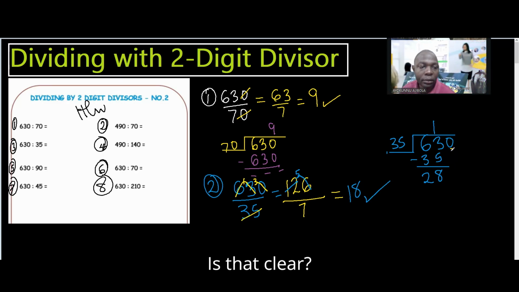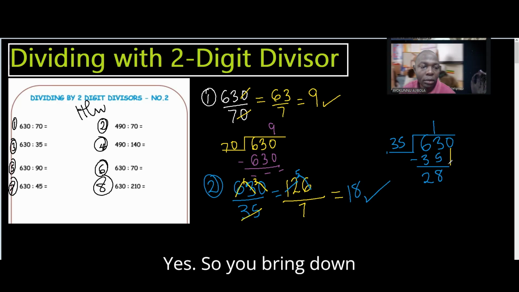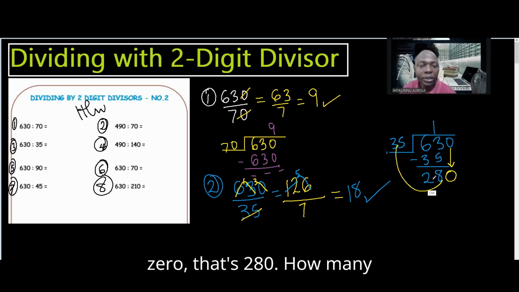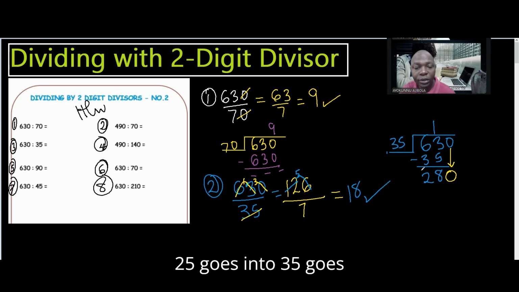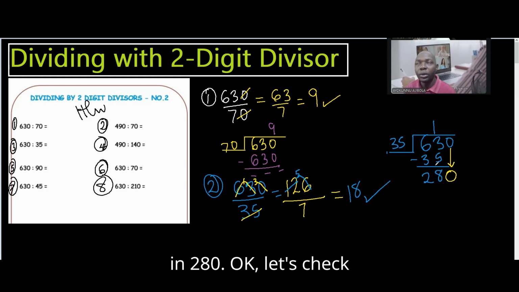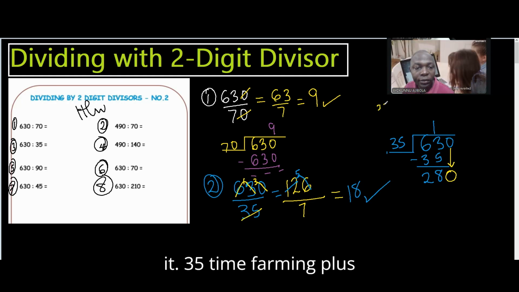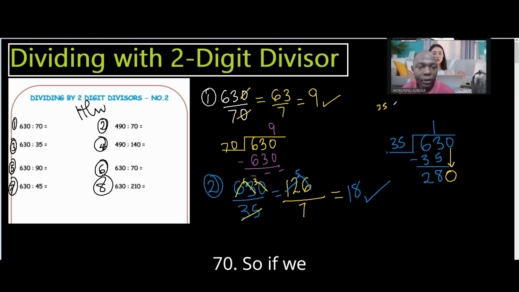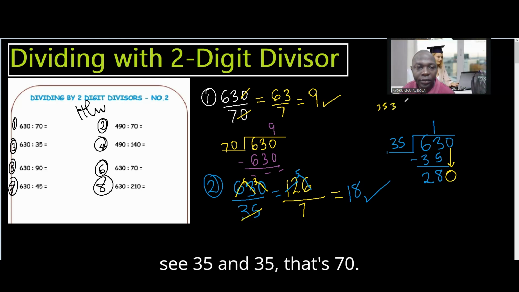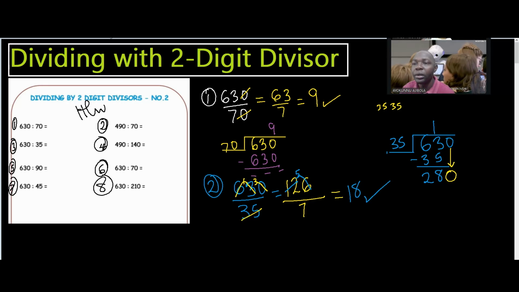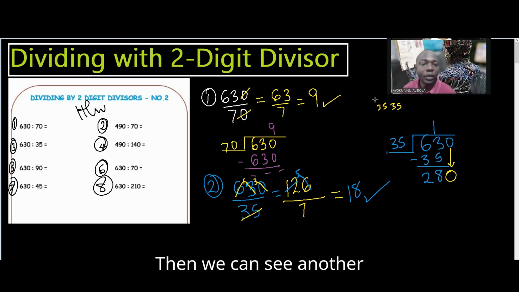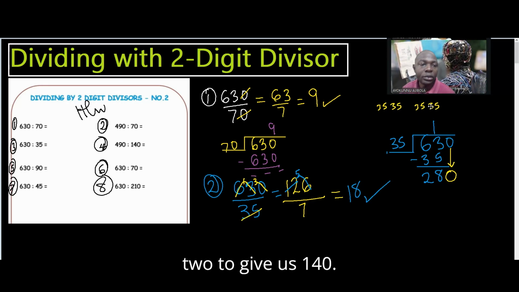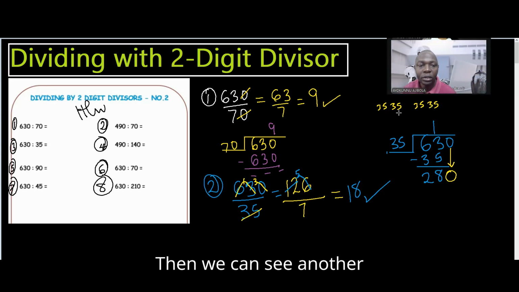Is that clear? Yes. So you bring down 0, that's 280. How many 35s go into 280? Okay, let's check it. 35 plus 35, that is 70. Then we can see another 2 to give us 140.